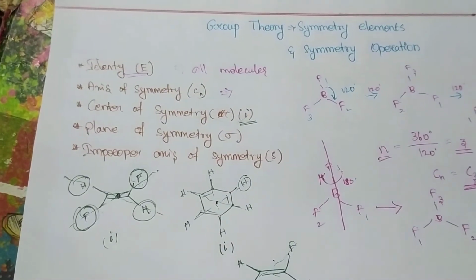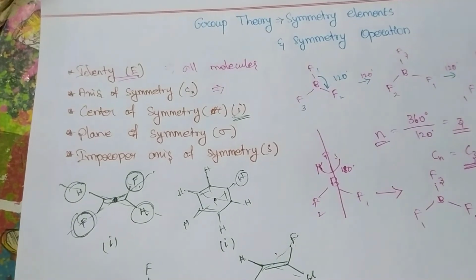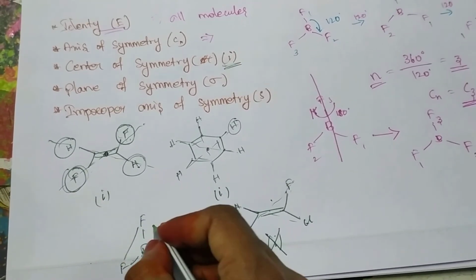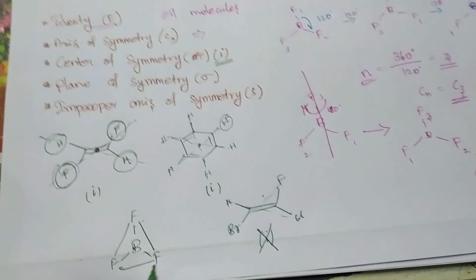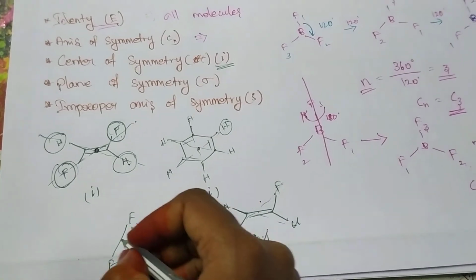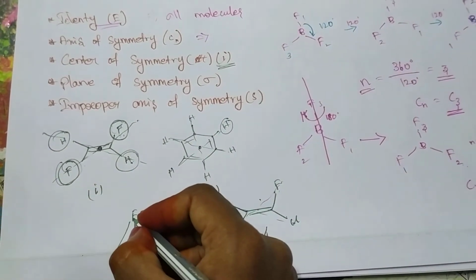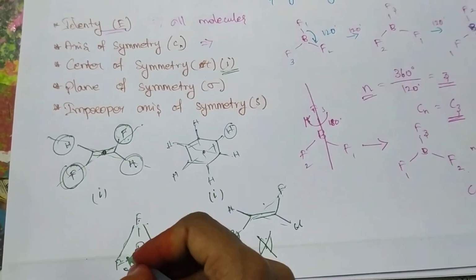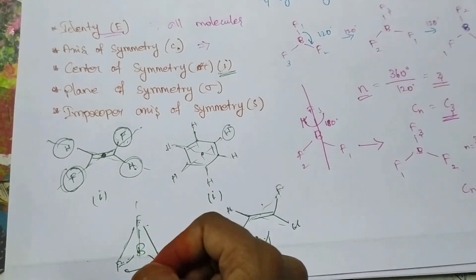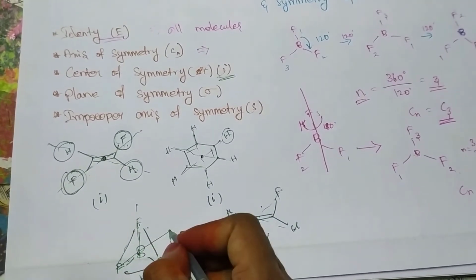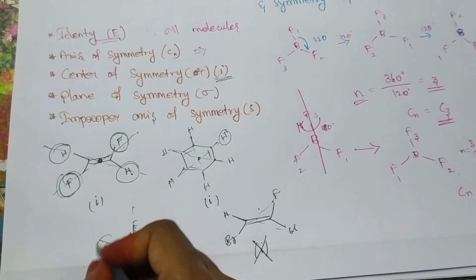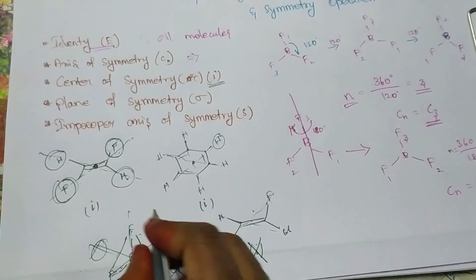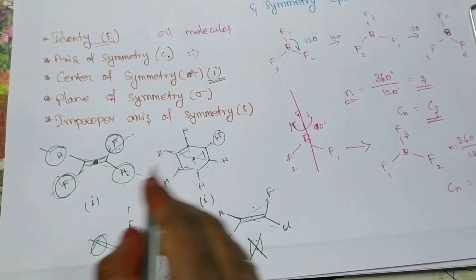And also we take trifluorobromine, like this structure. Now we see from this atom to this atom only fluorine, but in this direction not fluorine, in this direction not fluorine. So there is no inversion center. These two will have a center of symmetry.